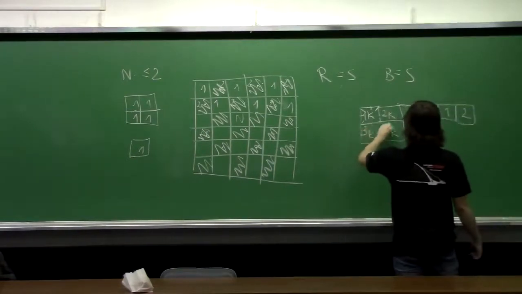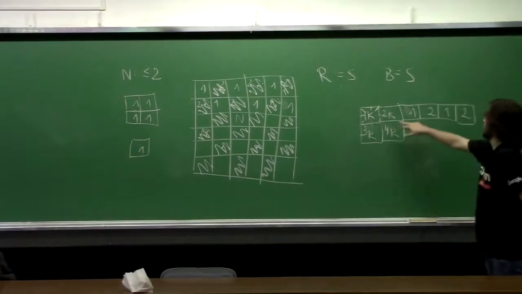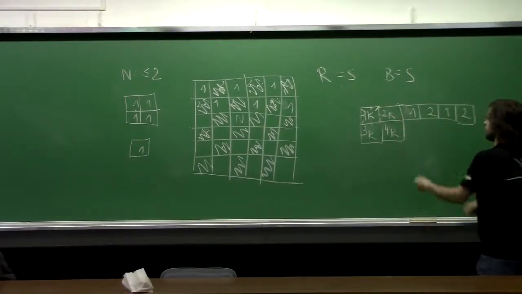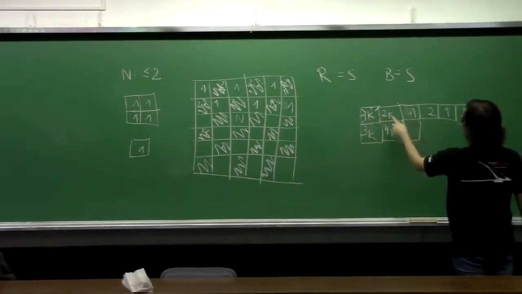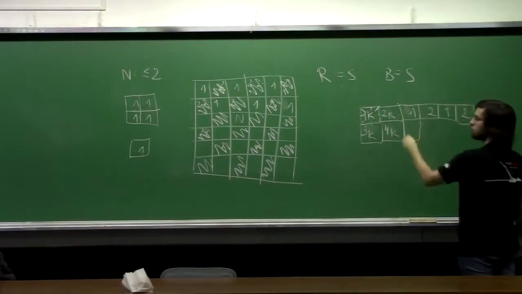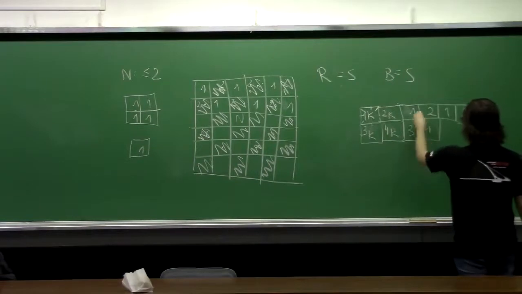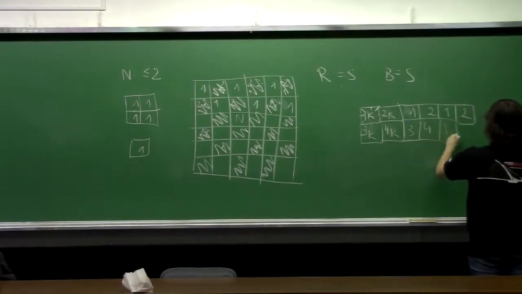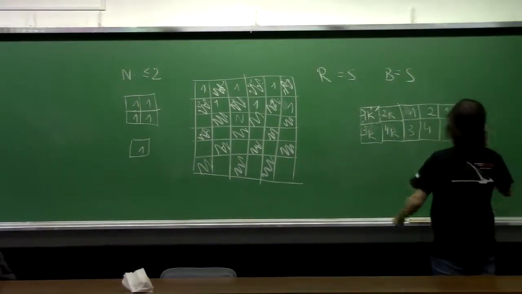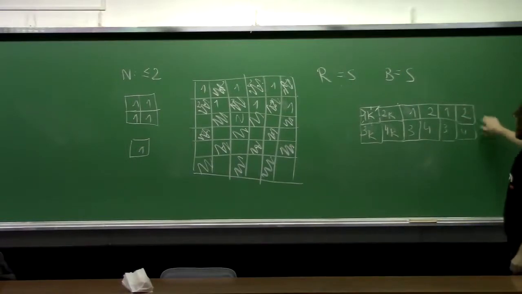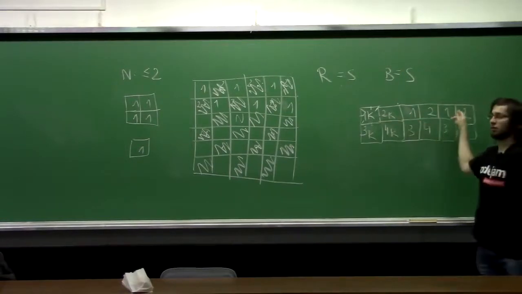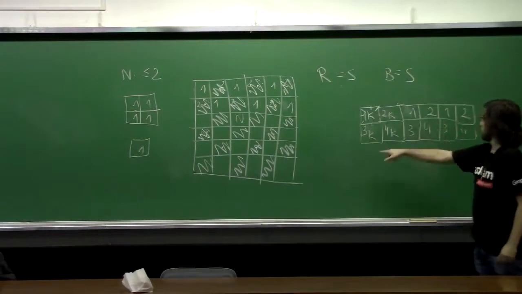This will be team 3, this will be team 4, and then what team should this king have? 1, 2, 4 are in this 2x2 square, so the king should again have team 3. This king should have team 4 for the same reason, team 3, team 4, etc. And the next row is the same as for the first row, 1, 2, 1, 2, 1, 2.